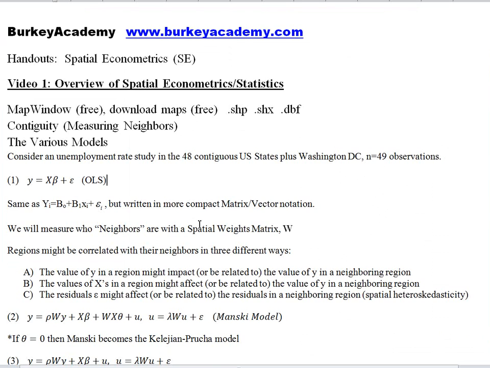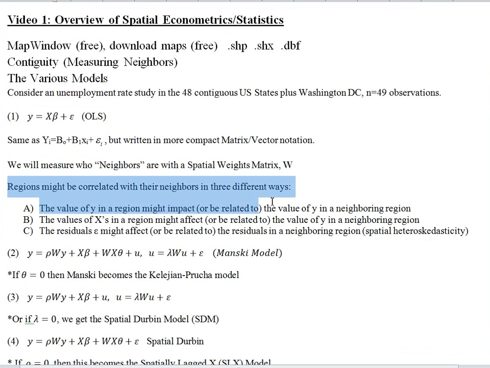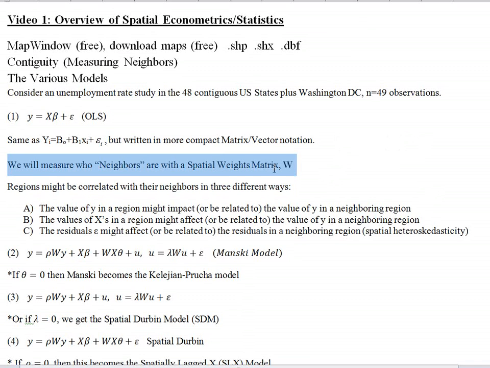Let's go back to our handout here. Regions might be correlated with their neighbors in three different ways. Before we talk about that, let's talk about neighbors. We're going to measure neighbors by something we call W, which is called a spatial weights matrix. And W is just a way of telling us who our neighbors are versus who our neighbors are not.